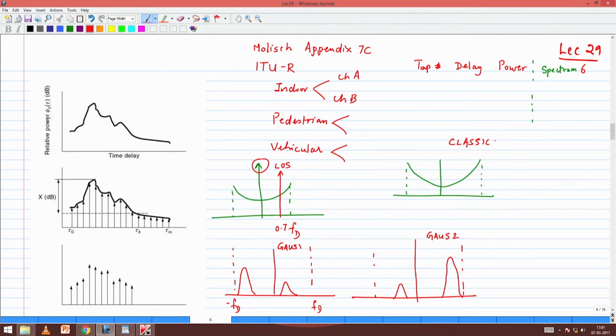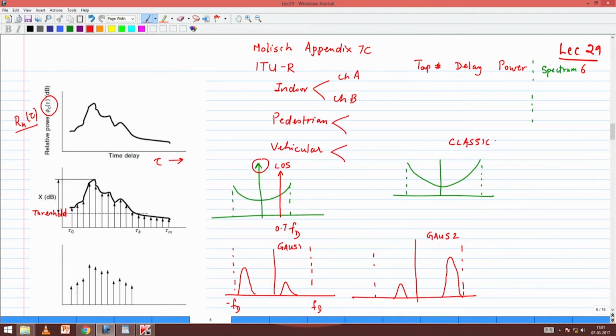This is the power spectrum, R_H of tau. Ignore this notation. We have been using R_H of tau versus tau. You have a power delay profile. You set a threshold. Anything below this, we are not interested in. If the channel goes below the threshold and remains below it, that's the point at which we declare that the channel response has ended.